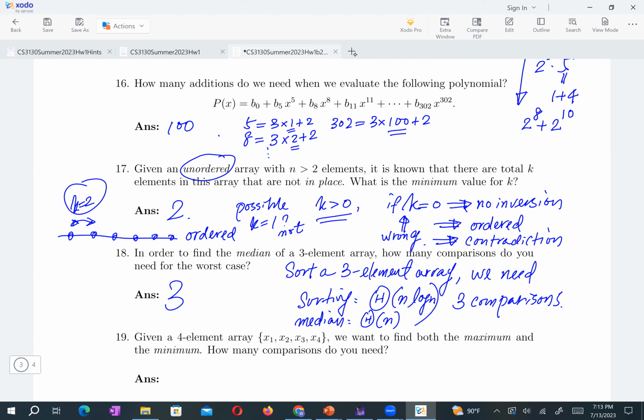After you do some comparisons, you notice some element is among the top 2. After a certain number of comparisons, you find some element is among the top 2, then you can eliminate it. But the top 2, the first one, the second one, it doesn't matter.